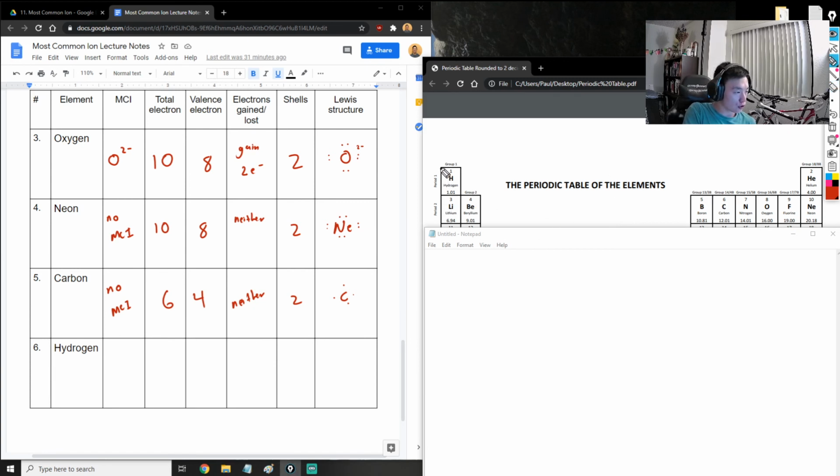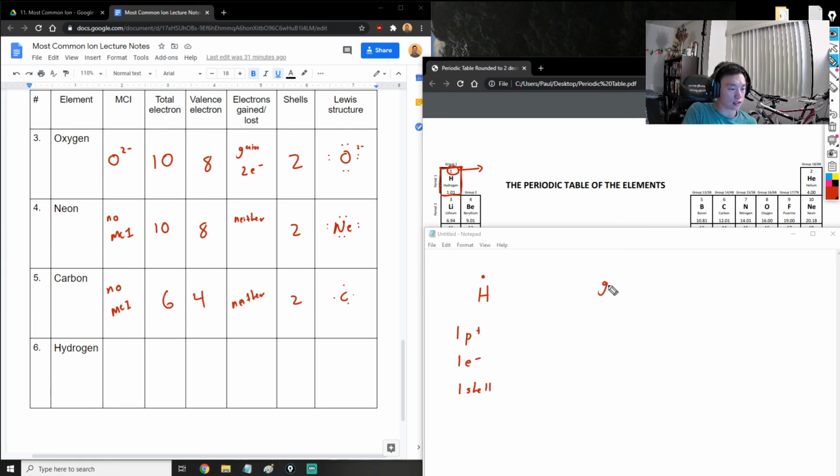Alright, so hopefully you guys saw that hydrogen is on the top left, and so that means that hydrogen, since it's the first box in the first row, is going to have just 1 dot. Some other facts about hydrogen: there's 1 proton because the number is 1. Since it's neutral, it's going to have 1 electron to balance it out. And it's on the first row, so it has one shell.